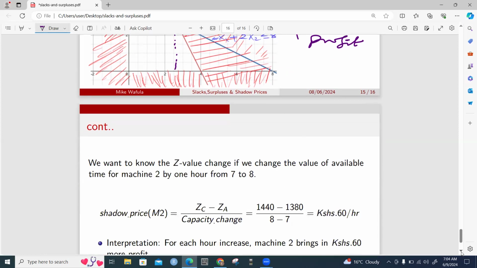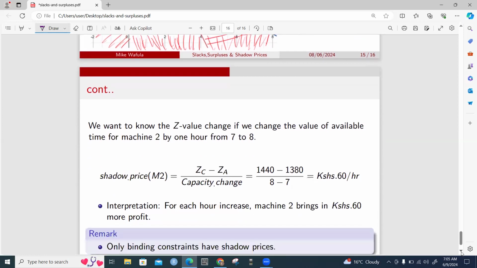And so if we want to compute the shadow price associated with machine 2, it is the solution it has given us when we modified the right-hand side, 1440, minus the original solution, which is 1380, divided by the change we have done to this constraint, which is 1 unit, 8 minus 7, and you get 60 shillings per hour.